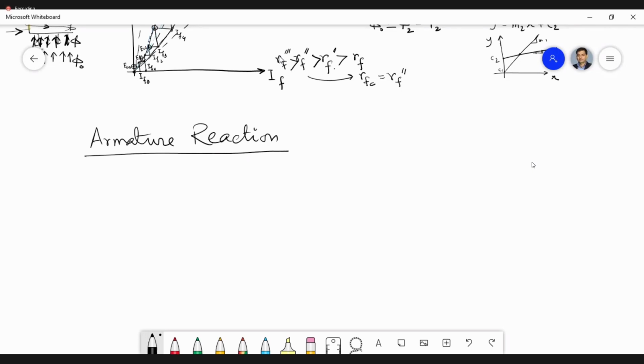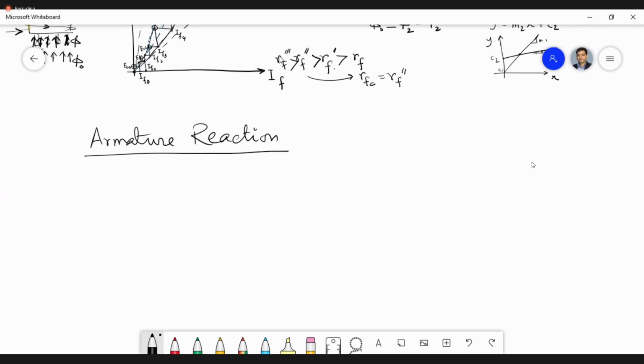We can flow current through these two windings, and thereby we can excite the armature as well as the field. Therefore, sometimes we also call a DC machine a doubly excited machine, because both the armature and field windings you have to excite.